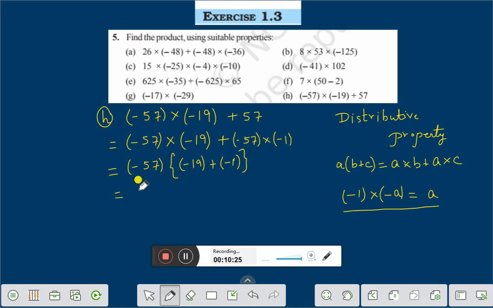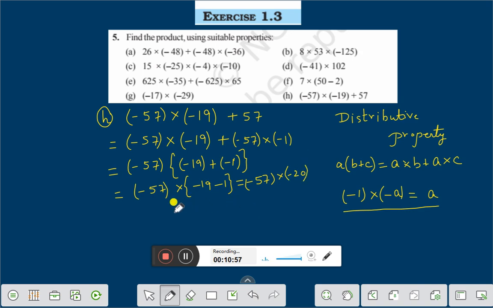Therefore we are getting minus 57 into minus 19 plus minus 1, that means minus 57 into minus 20.